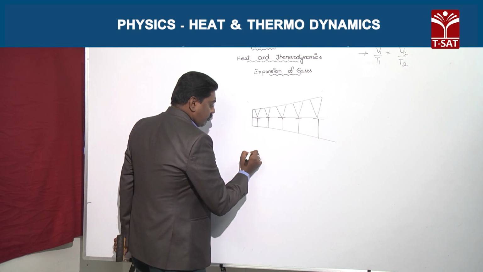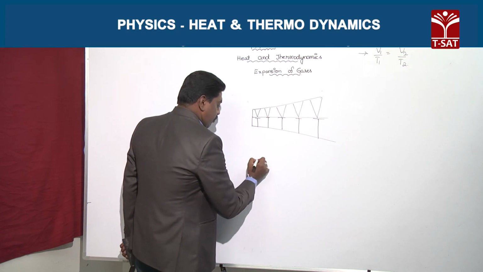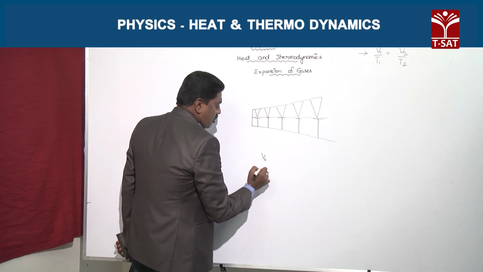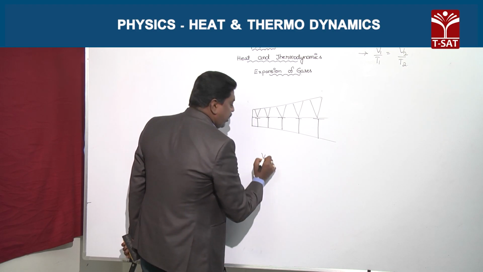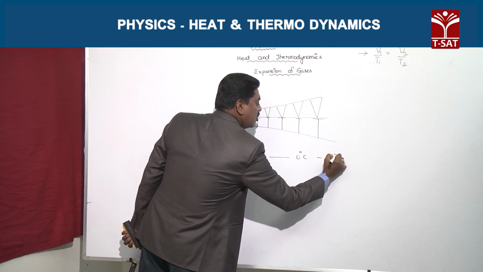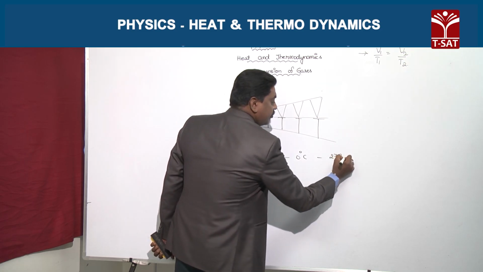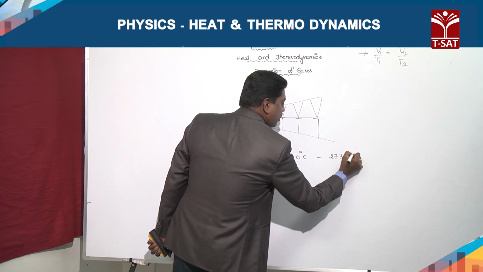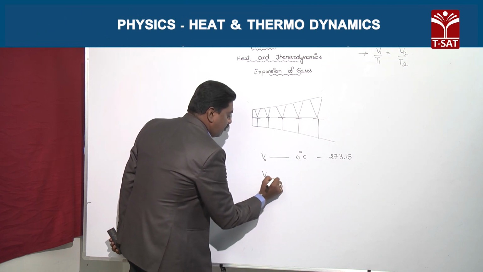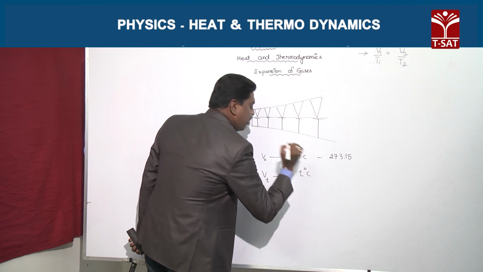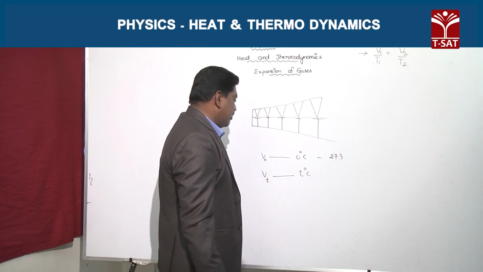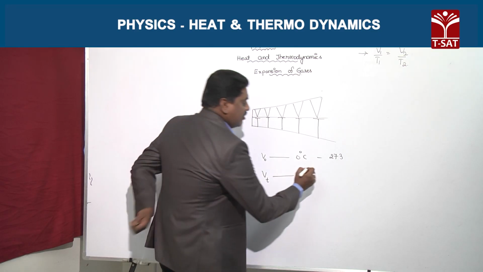Now, let V0 be the volume at 0 degrees Celsius, which we take as 273.15 Kelvin, and Vt be the volume at T degrees Celsius.